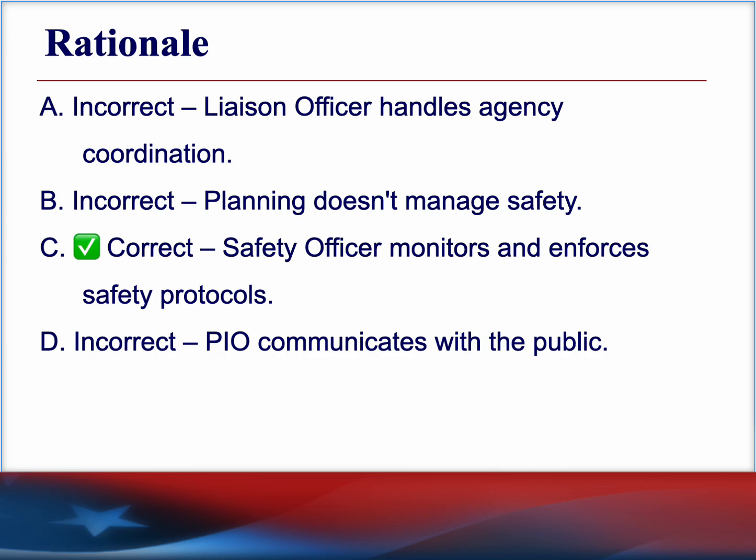This one was relatively easy. Safety officer has safety in the title. The common pitfall here is maybe confusing safety officer with planning chief due to overlapping responsibilities in incident monitoring in some cases. That kind of makes sense. But safety officer does safety. If that's an option, it should be relatively simple.